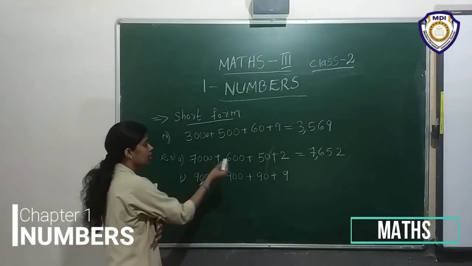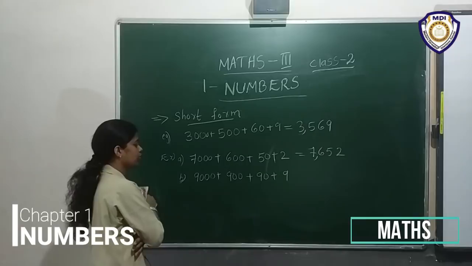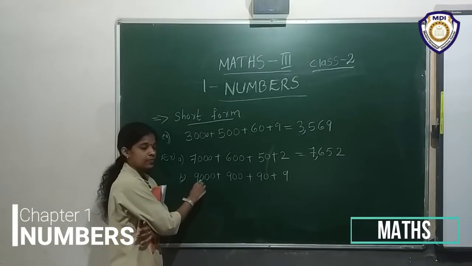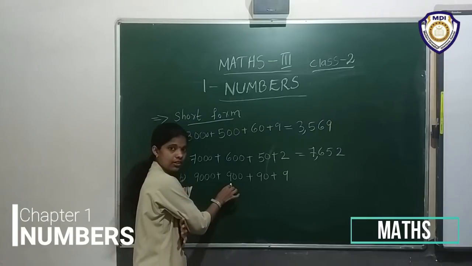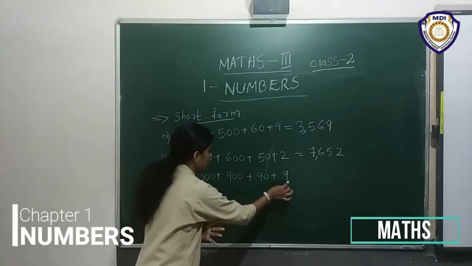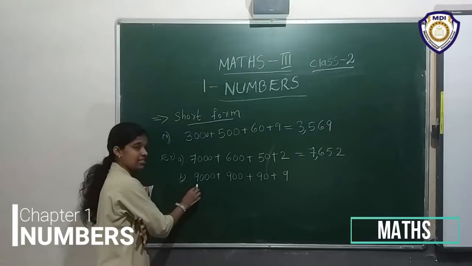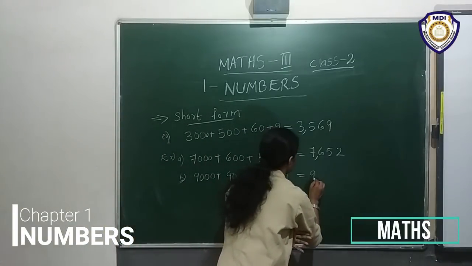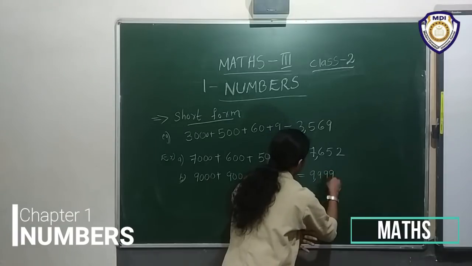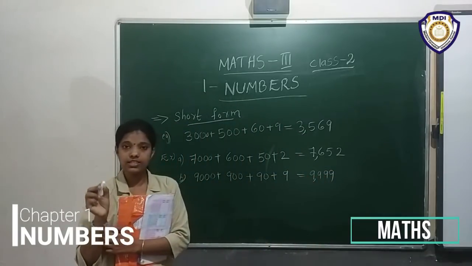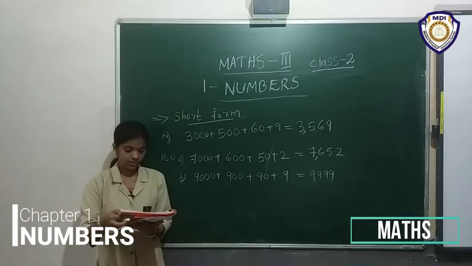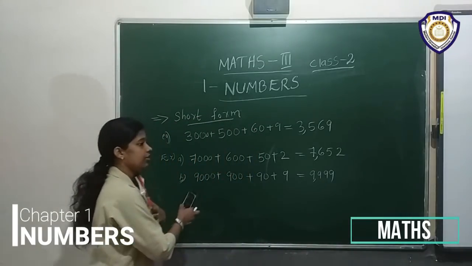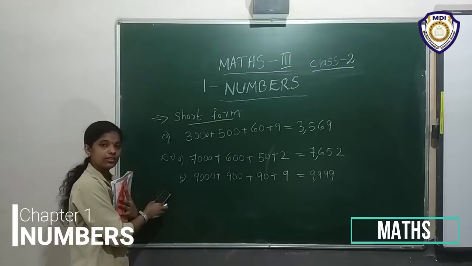You say how to write in short form. 9,900, 99. Okay. 9,999. Okay. Then, did you understand these? Okay.